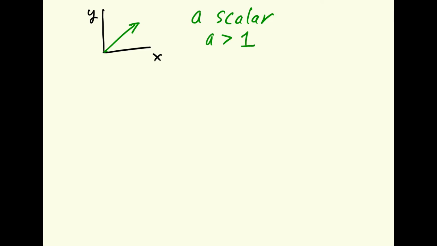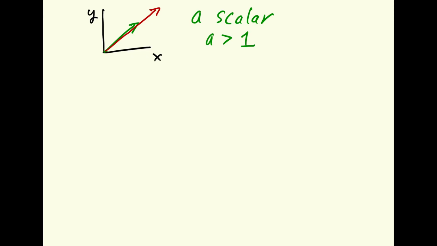By the way, we were saying that if you take a vector, let's say a 2-dimensional vector in the xy plane, and you multiply it by a scalar, a, that if a is greater than 1, then multiplication by a acts as a stretcher, and this is a times the vector.